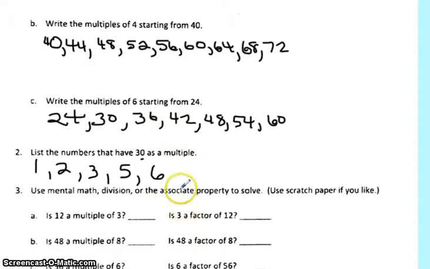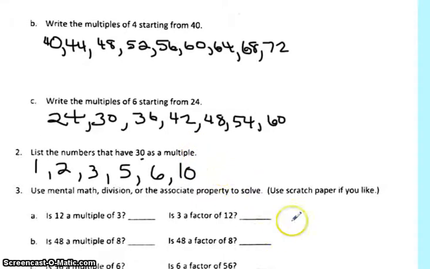Would 8? Can 30 be a multiple of 8? No. 3 times 8 is 24. 4 times 8 is 32. Can 9? No, because 3 times 9 is 27. So the next 9 would be over 30. How about 10? Is 30 a multiple of 10? 10, 20, 30.